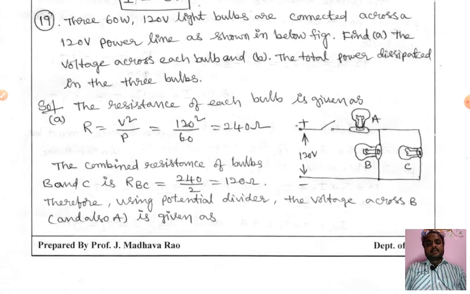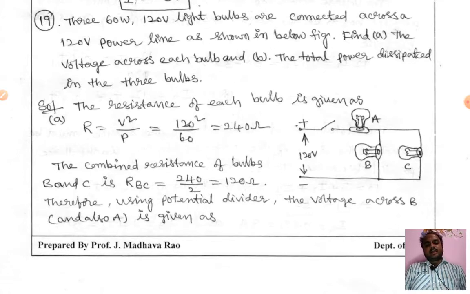Next, the B and C bulbs are in parallel. The equivalent resistance of B and C is R1 R2 by R1 plus R2. So we get RBC equal to 120 ohm.